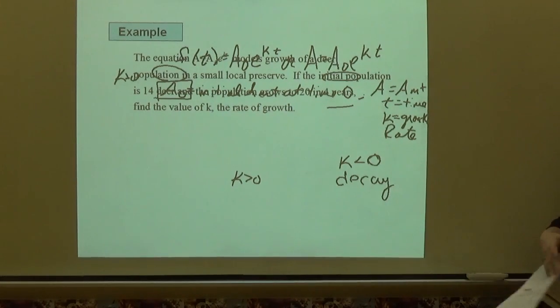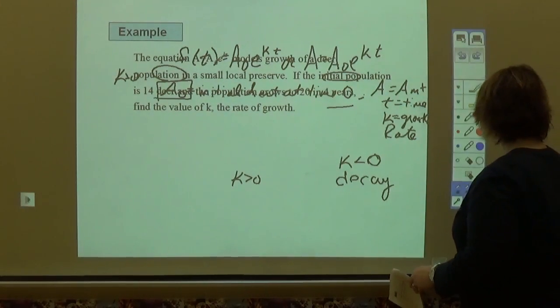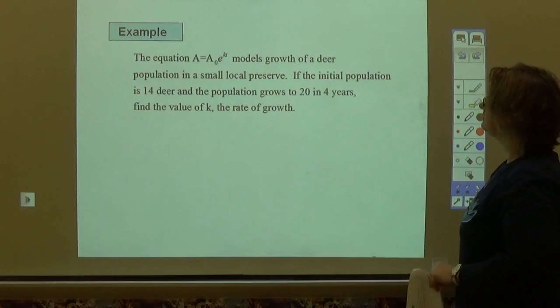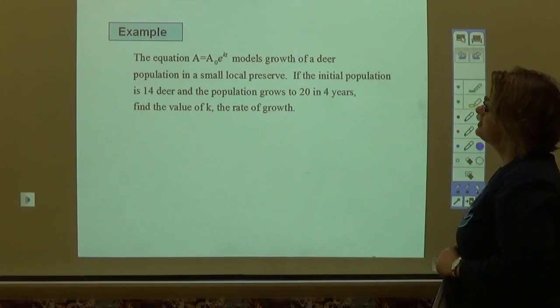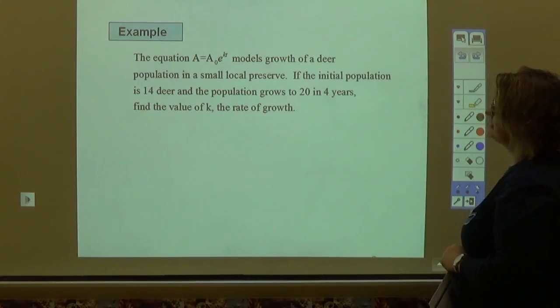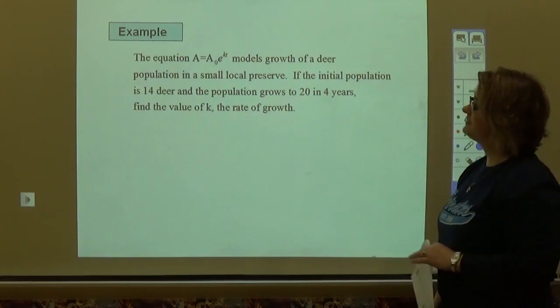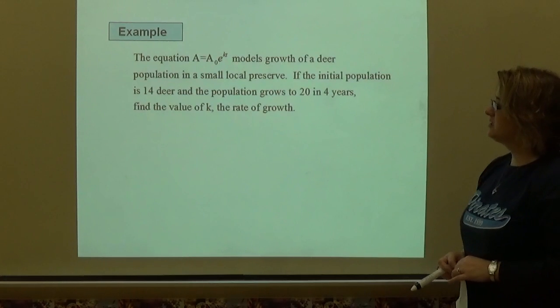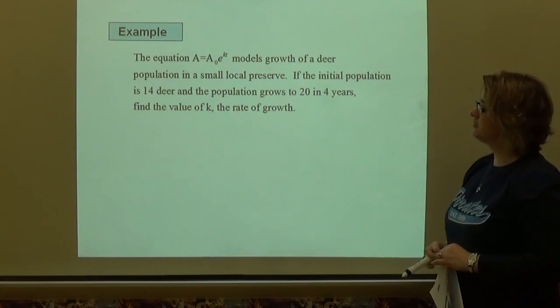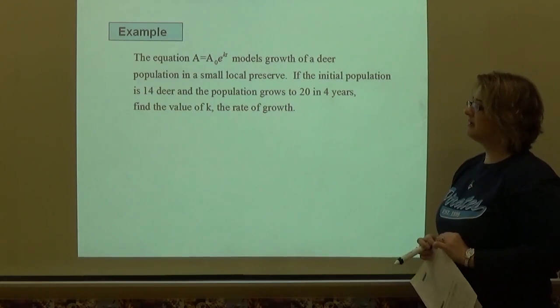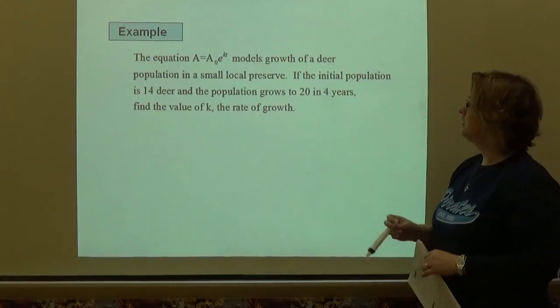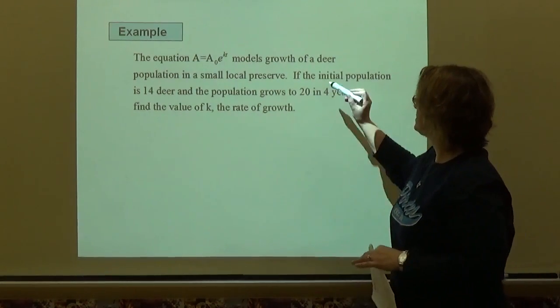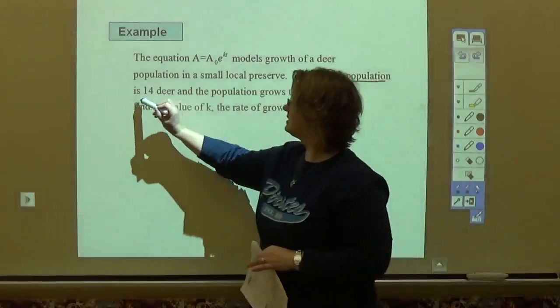So here's our first example. The equation A equals A sub 0 times e to the kt models the growth of deer population in a small local preserve. If the initial population is 14 deer and the population grows to 20 in 4 years, find the value of k, which is the growth rate. So we need to underline the important information. The initial population is 14 deer.